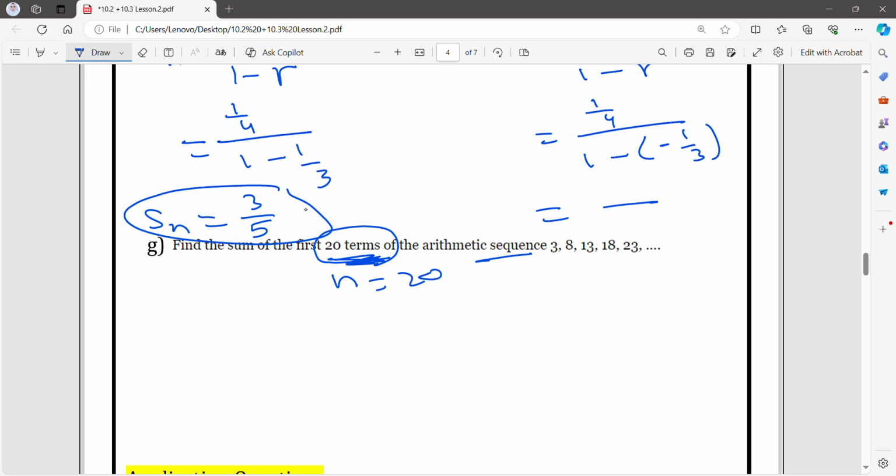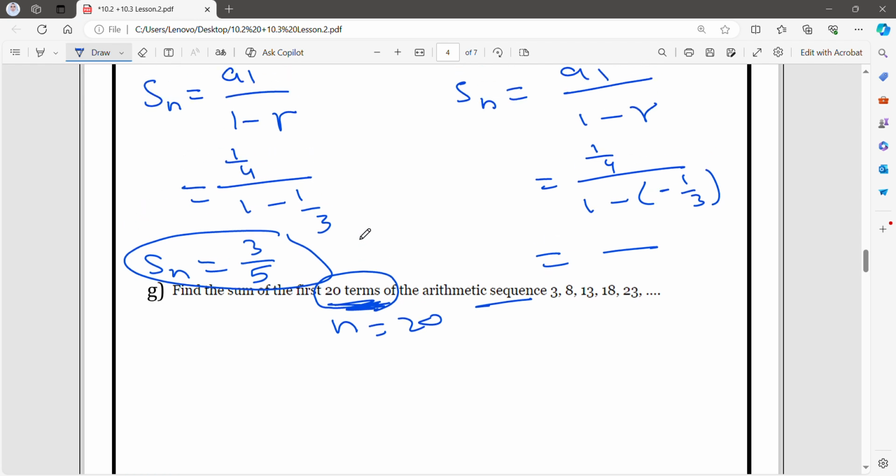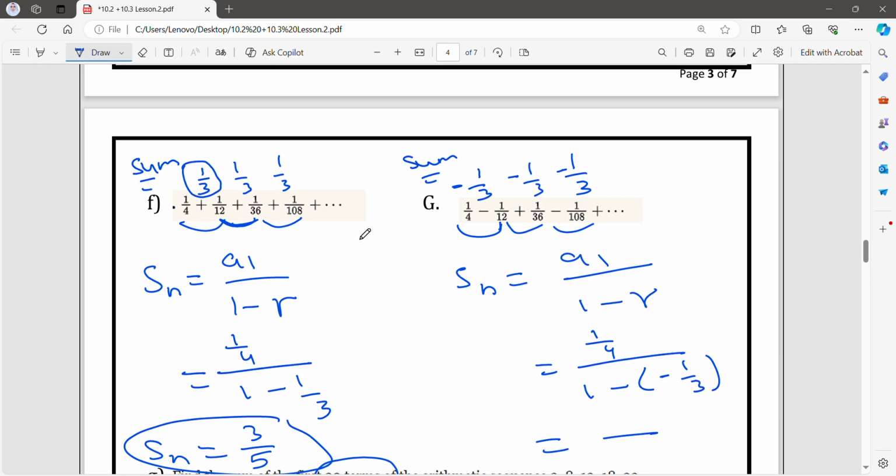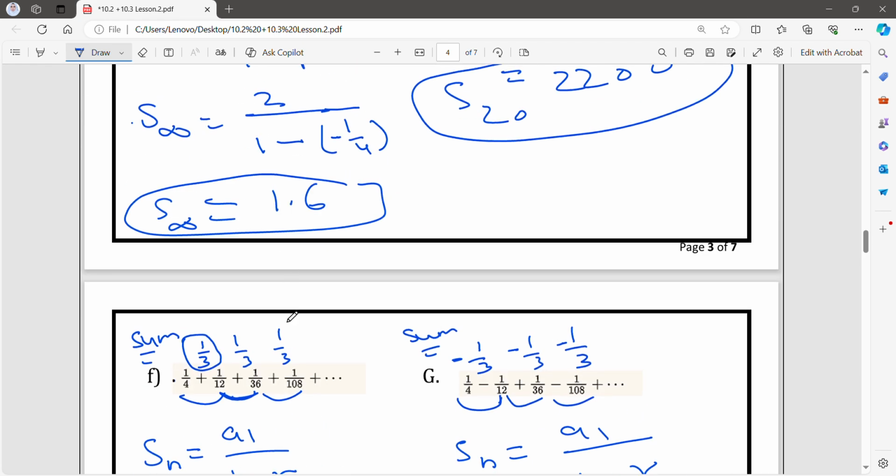Okay, so as I said in our lesson, we are finding the sum of an infinite sequence only for geometric. Meaning only for geometric, you have to use two different formulas.